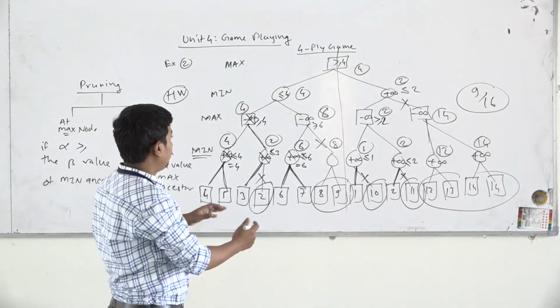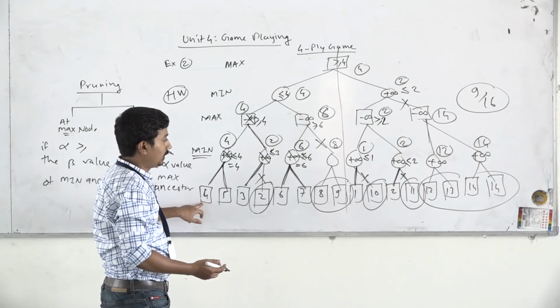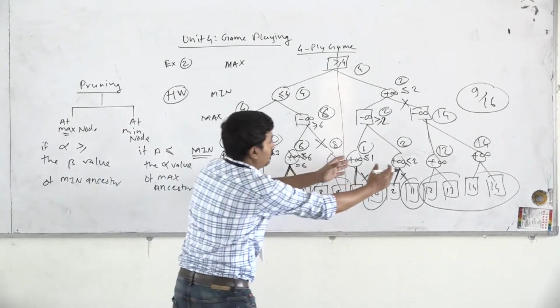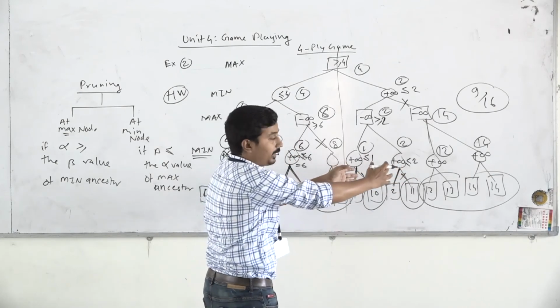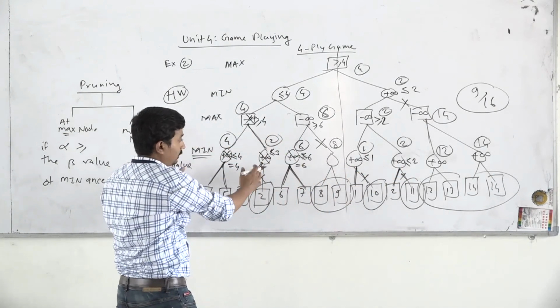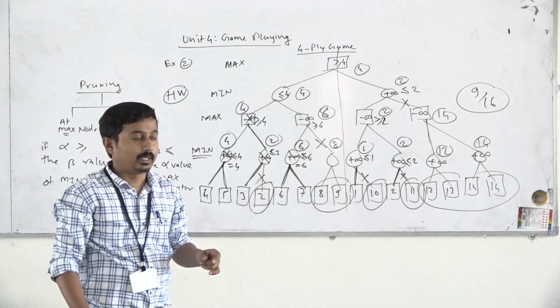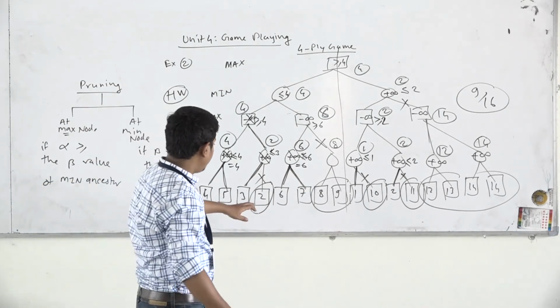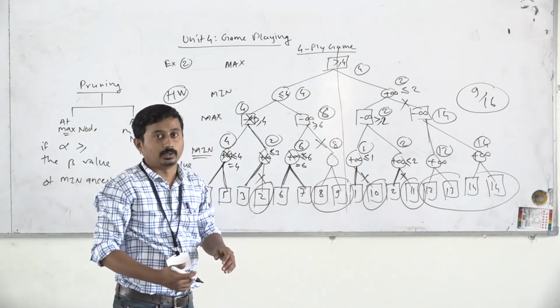Take the mirror image of this tree, so 1 will become the first node, then 10. Consider this right subtree as the left subtree, and this as the right subtree. Apply alpha beta pruning and check whether you are pruning the same nodes or not.